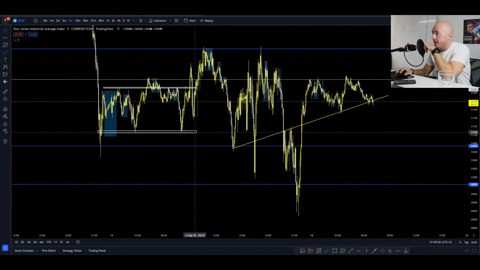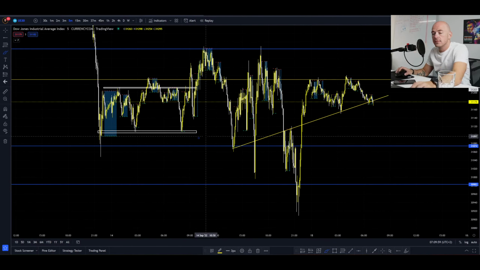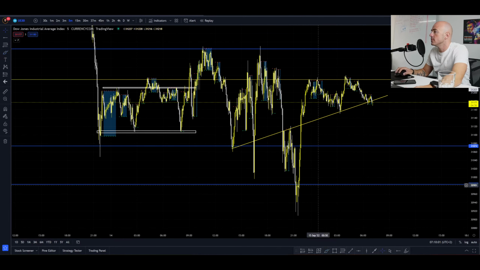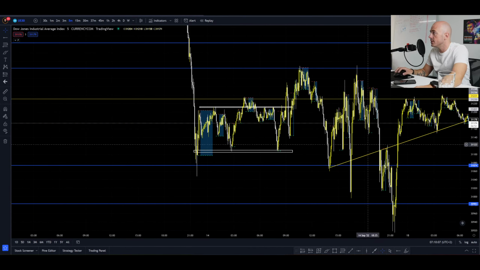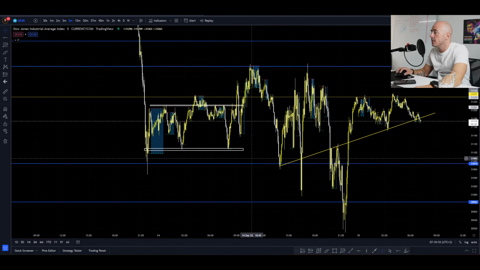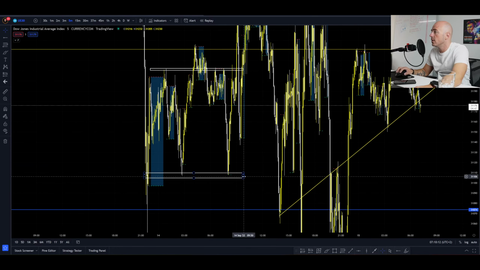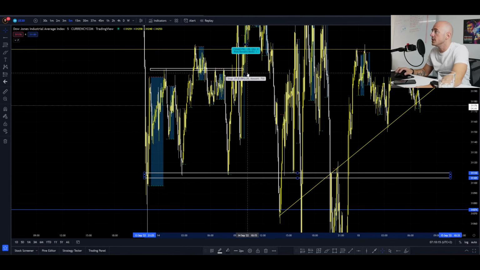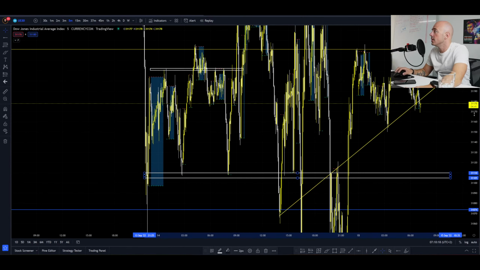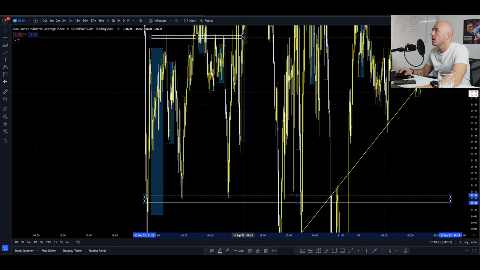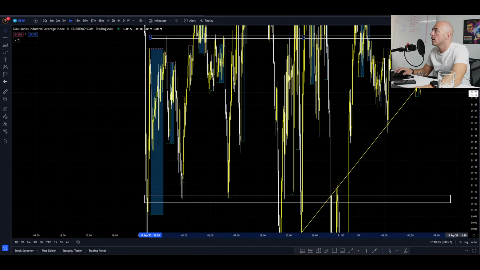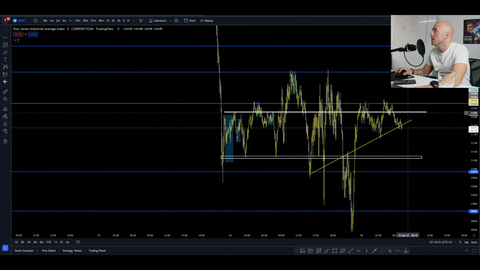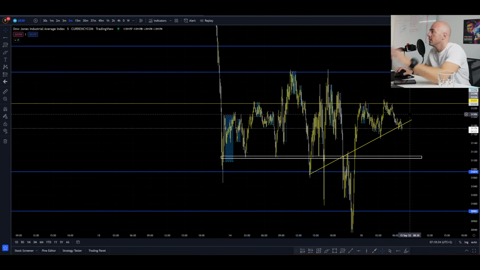So I was looking at US30. This range, let's just extend these out and see how they look. So that one's dead.